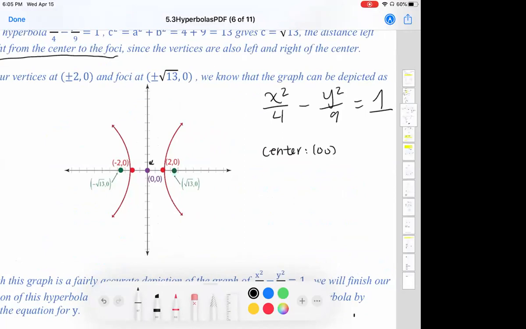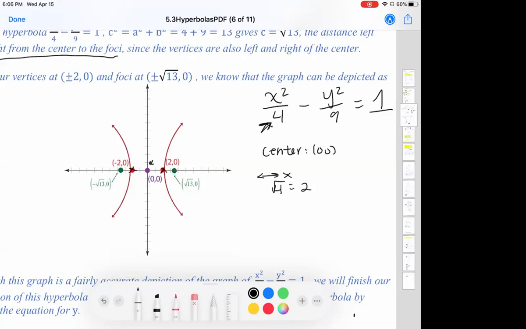Okay, now I need to find these points of my hyperbola. Because your first number is a 4 and it's on the x, you're going to go left and right. I'm sorry, left and right 2, just like before. So I go 1, 2, and you have these points in red. Now we want to find the focus points.